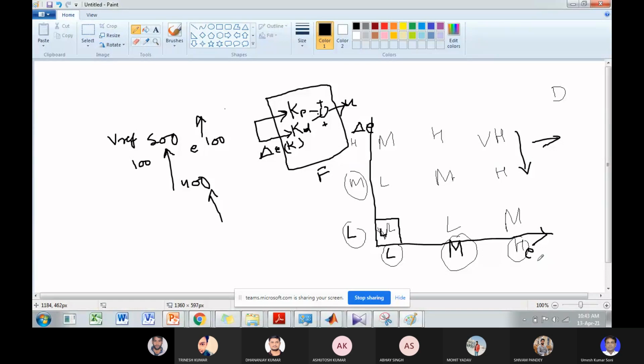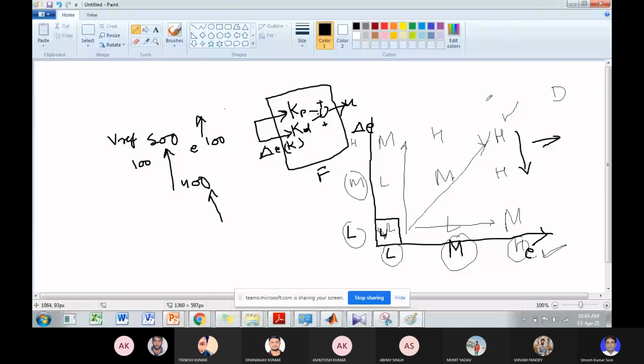And when you have both the values high, error is also increasing with time and error is there. So depending on the error and depending on the rise in the error, you need to keep the duty cycle very high. You can see that this space is symmetrical, the slope is rising here, and the maximum slope is available at the peak point of all the slopes.